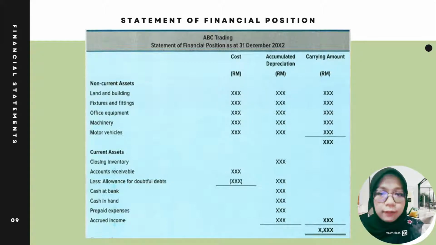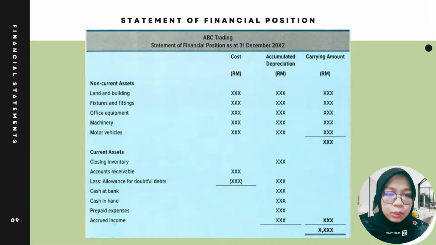This is the example for the statement of financial position. So we have the non-current assets, for example, land, building, fixtures and fittings, office equipment, machinery, and motor vehicles, which should be recorded at cost minus accumulated depreciation, which you will learn in a later chapter, and then you will get the carrying amount.